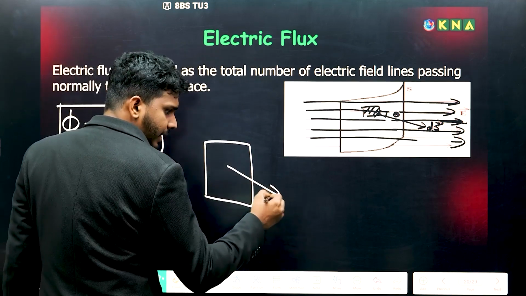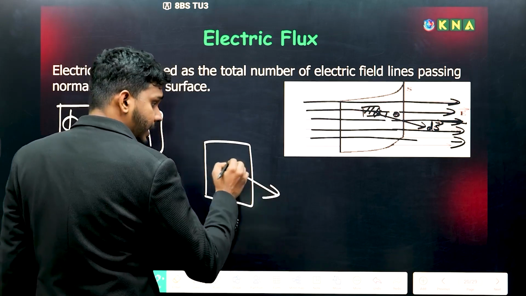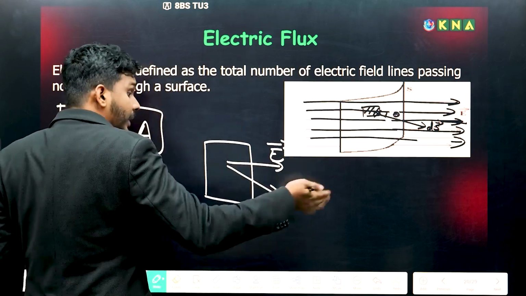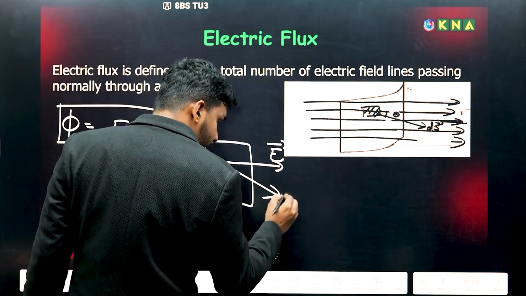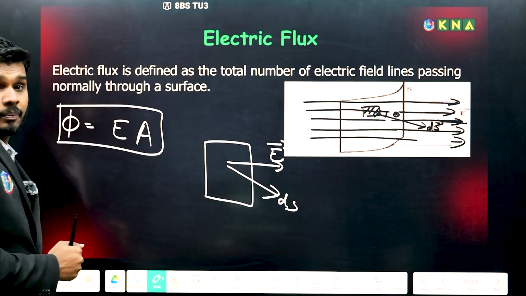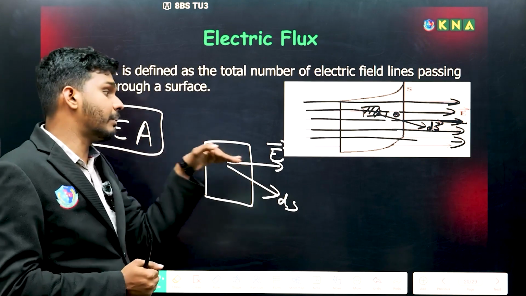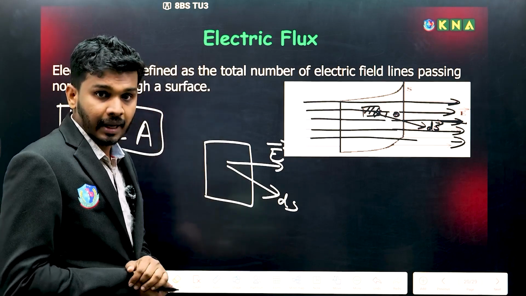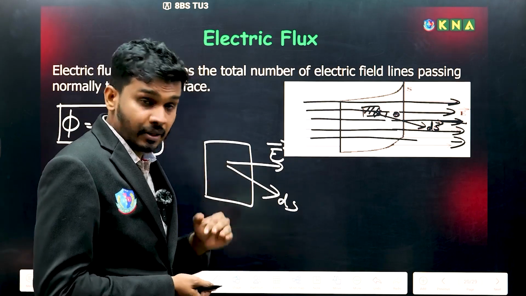Here electric field lines make some angle. So you want to consider the component of the electric field lines in the direction of the area vector, the normal component.